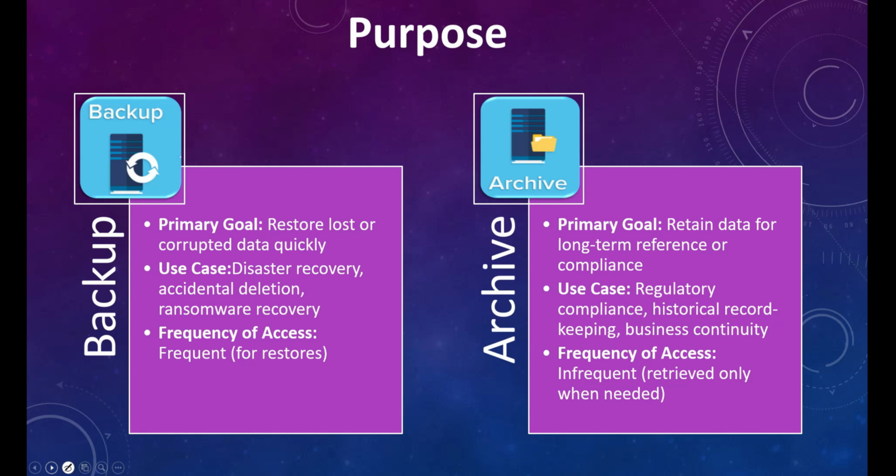Now let's move to the purpose. This is what drives where exactly you want to go between backup and archive, so you need to understand this. The primary goal of backup is to restore lost or corrupted data quickly.